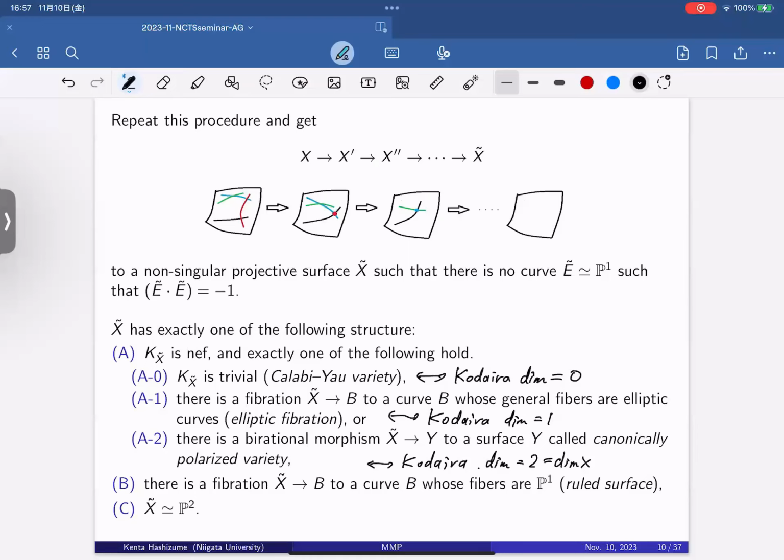A variety satisfying this equation is called a variety of general type. So the structure A2 is a minimal surface of general type.